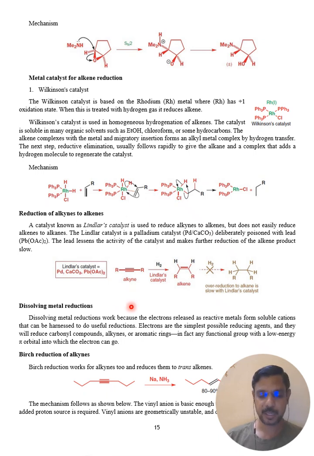And dissolving metal reductions, this is another important reaction which is called the Birch reduction. In Birch reduction we use liquid ammonia and a metal, sodium or lithium, any metal we use.